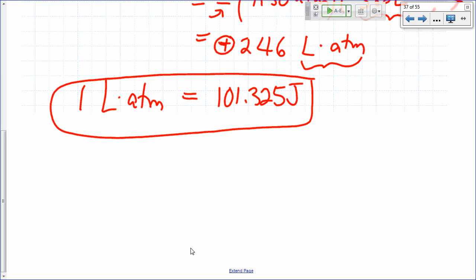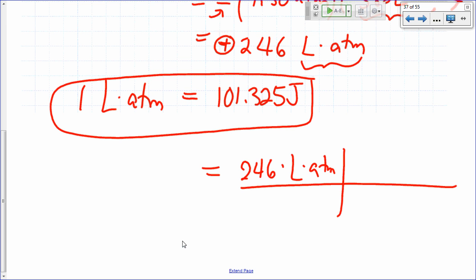So if we want to change this to joules, what would this be? 246 times liters times atmosphere. 1 liter atmosphere is 101.325 joules. So what would that be?